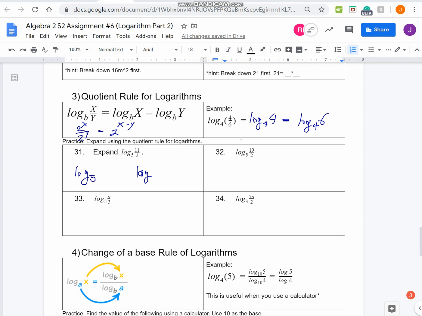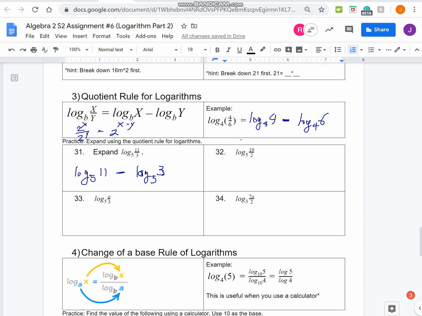No, we don't change the base. So this has to be log base 5, log base 5. And what should be the argument? The number goes in here. Yes, so it's going to be 11, and then minus log base 5, and then the argument has to be 3. Very good, and that is it. It's not that difficult, is it?